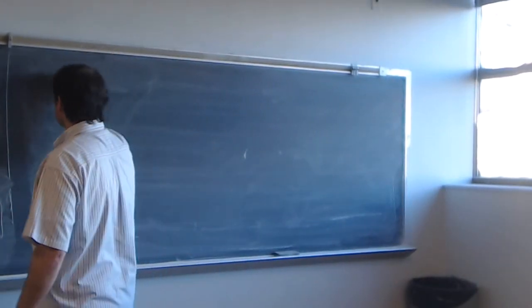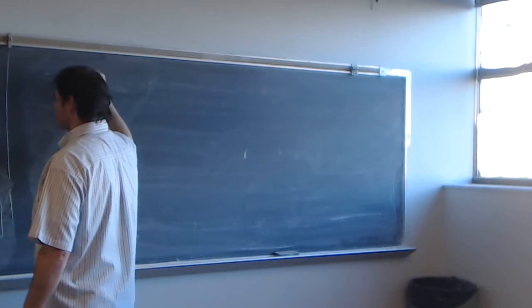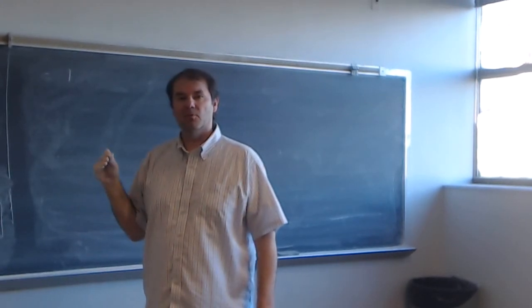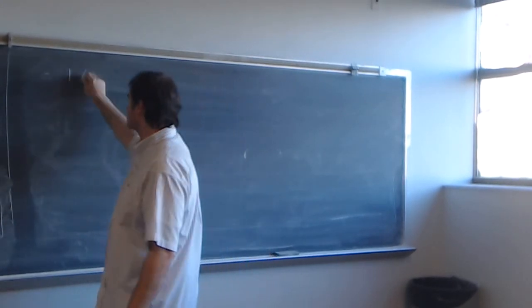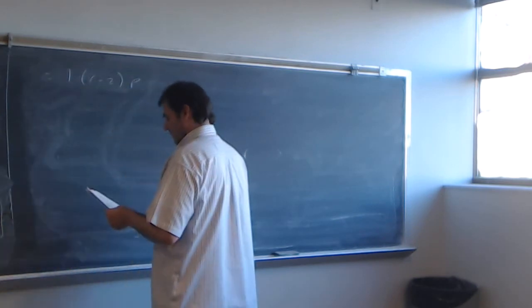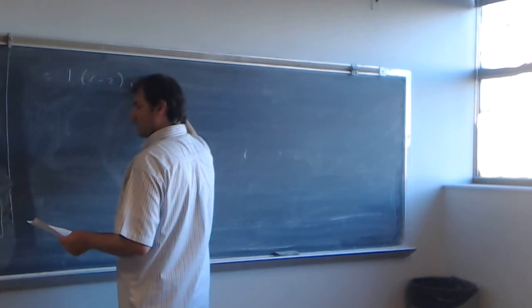That's equal to 1 over the expected value of M sub 1 minus 1. That was a binomial random variable with parameters r minus 2 and p. It was r minus 2 times p. Okay, and then there's only one thing in this sum.